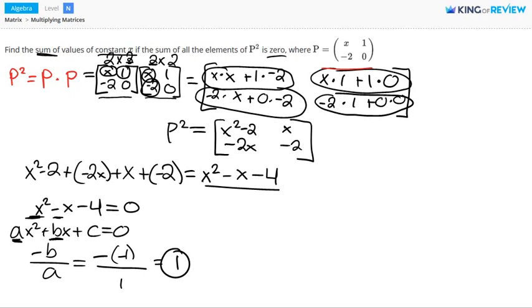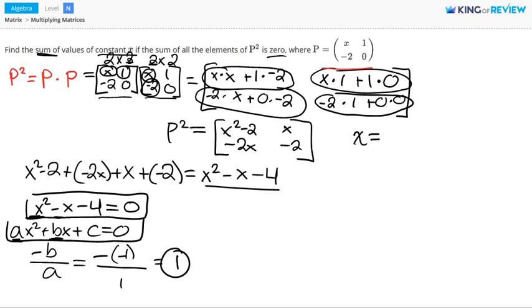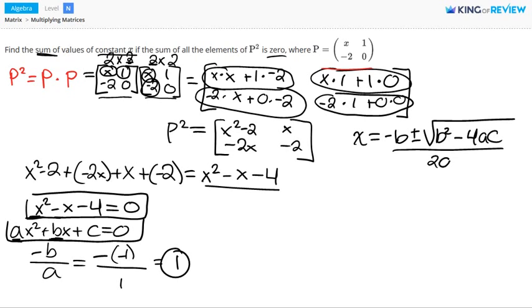Now, if you're used to solving this using the quadratic equation, we can also do it using that method too. So here's our equation, which is in the form ax squared plus bx plus c. The quadratic equation is x equals negative b plus or minus the square root of b squared minus 4ac, over 2a.